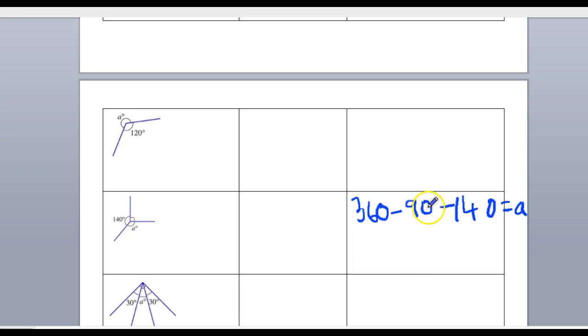So 360 take away 90 gives you 270, and then take away 140. So 270 minus 140 is 130, equal to A. So you can do it that way as well.